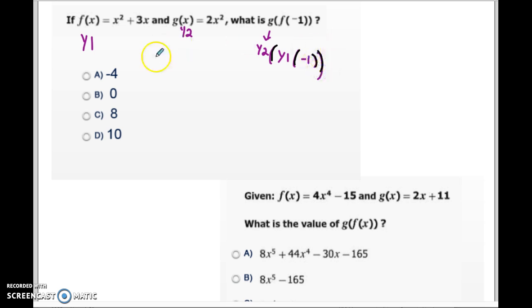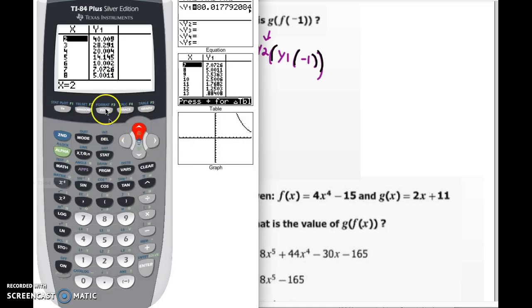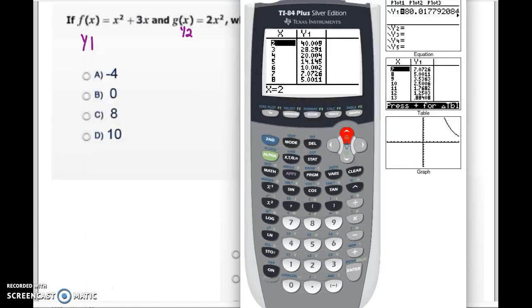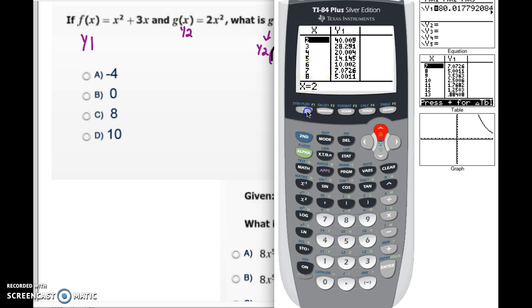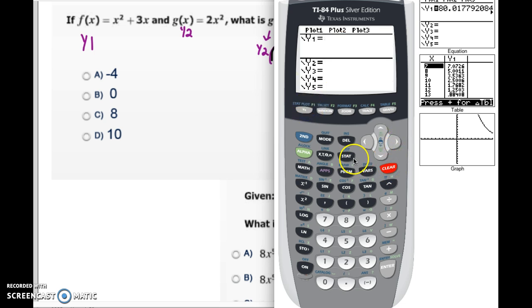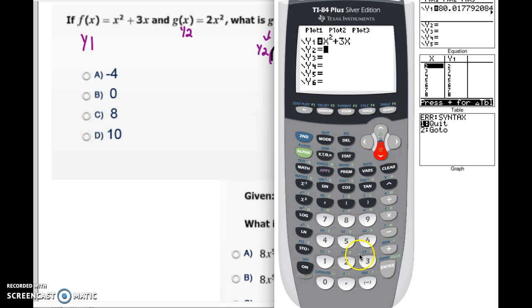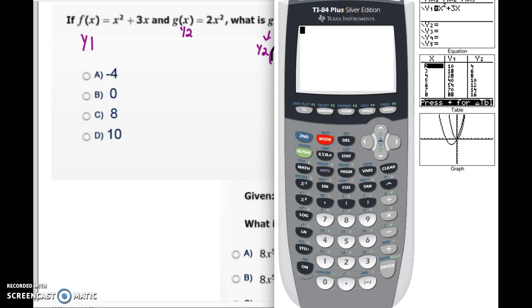So now let's look at how our calculator will help us do this. I'm going to put in x squared plus 3x in my y1, and in my y2, I'm going to put in 2x squared. Now, from here, I want to come out to my home screen.